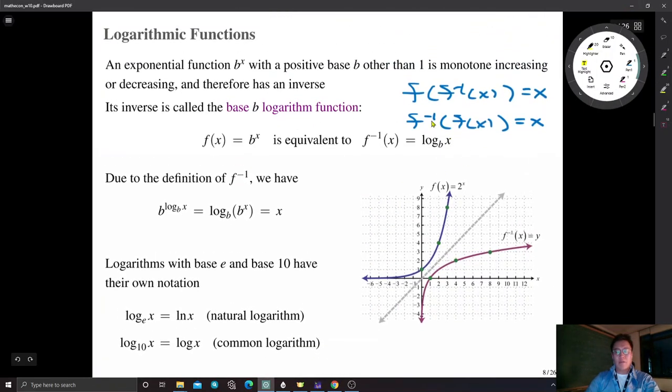And if we interchange the outer and inner functions, so now the outer function is given by logarithm and the inner function is given by exponential function, then the composite function becomes log with the base b of b to the power x. Still, we can cancel these two, and we are left with x.